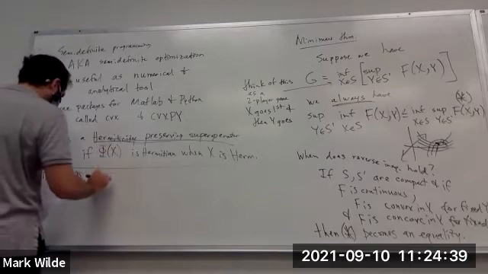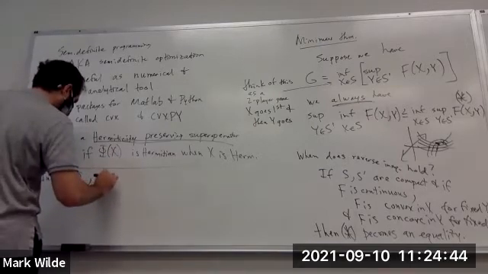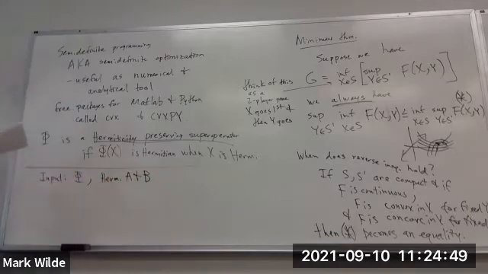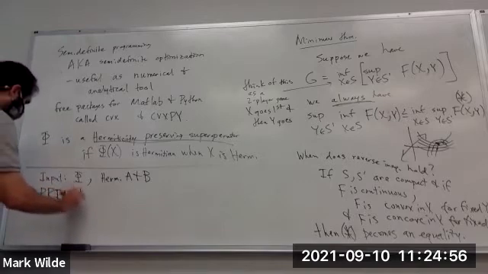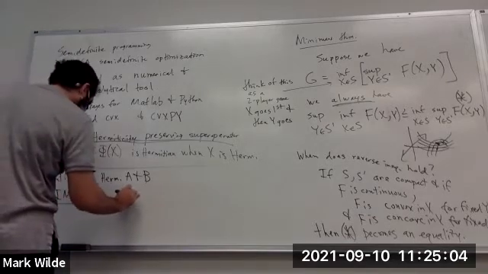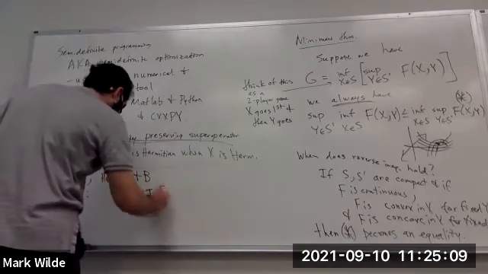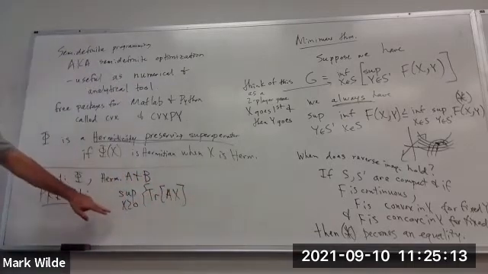So phi, and then Hermitian A and B. Okay, that's the input. And the primal SDP, primal because it's the first one you consider, is trying to maximize this trace objective function over positive semi-definite operators.